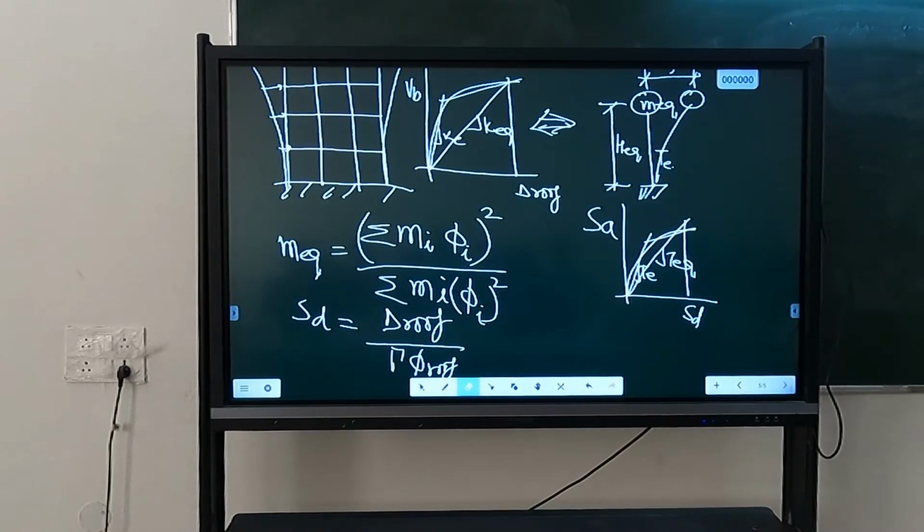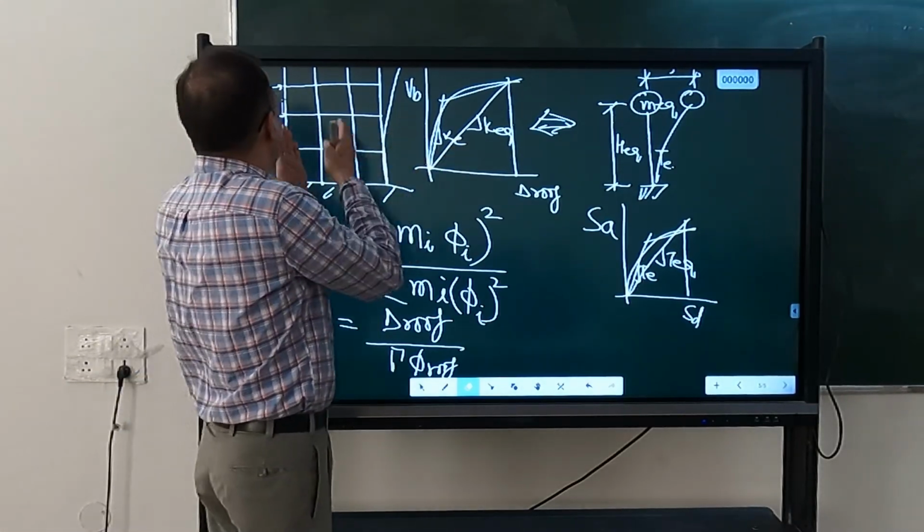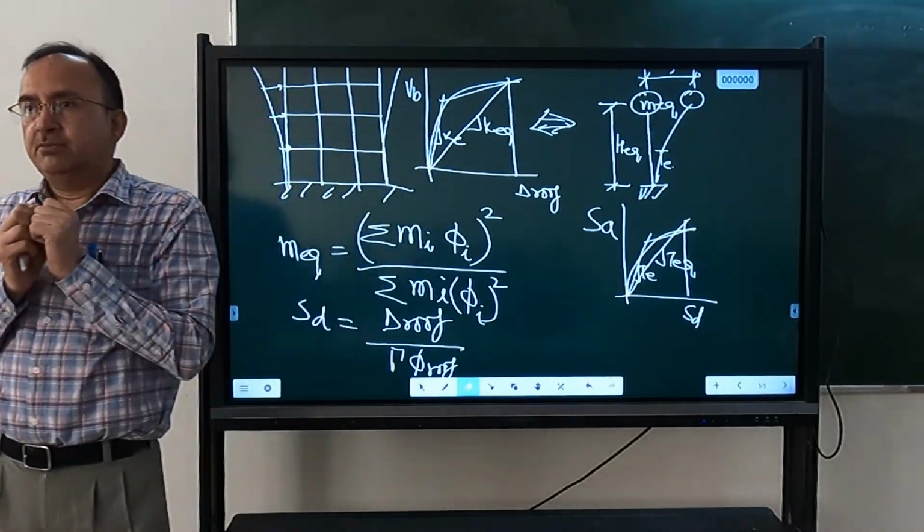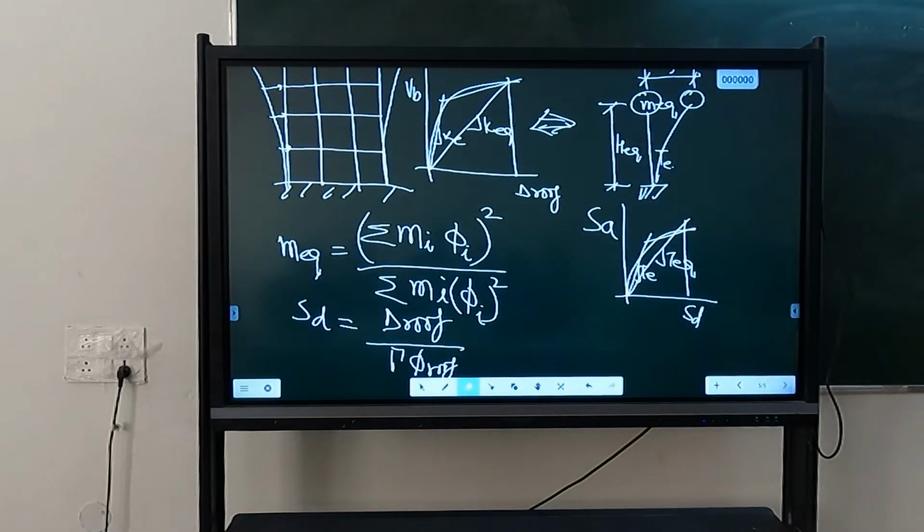We are considering the first mode for response spectrum. Response spectrum is for a single degree system, and we are considering a mode from here to here. Now that mode will be the first mode, but the first mode is representing elastic behavior. So there is an assumption that the mode shape remains the same, but that is not true. I will give you that later.